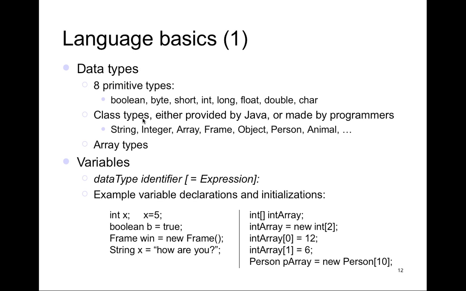Then we have non-primitives, and what are those? Those are implemented by the programmer, or they're implemented by the language, and those would be class types in Java. So everything non-primitive in Java is a class. What's a class? It's the implementation of an object. What's an object? Everything. So believe it or not, a string, an array, a frame, a person, an animal are all programmer-defined non-primitive values that are objects implemented in the form of a class.